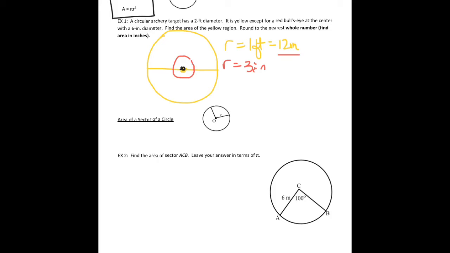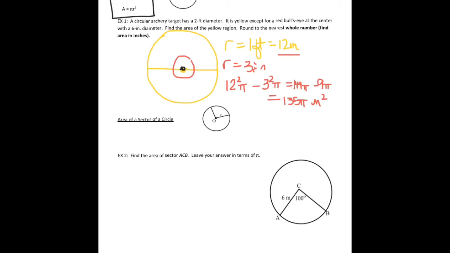So pi r squared, so 12 squared times pi minus 3 squared times pi. That equals 144 pi minus 9 pi, which is 135 pi inches squared.